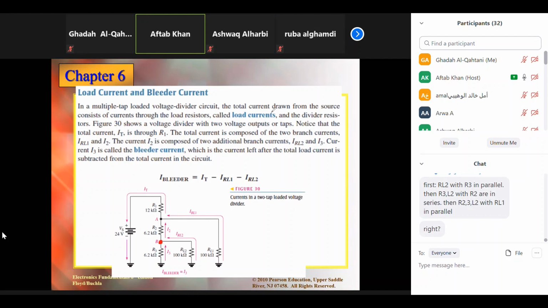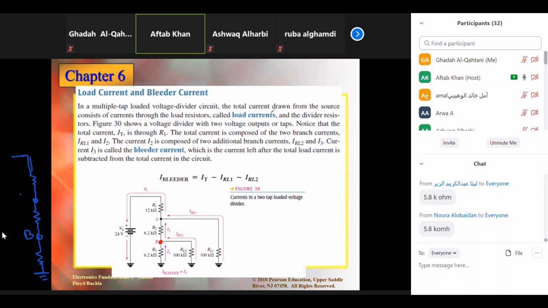So can I draw this circuit, just skipping the left side? This is point A, this is point B. Now this is the ground. So this is B, this is A. I am interested to know how much RB is. This is the same R2, this is the same R1.